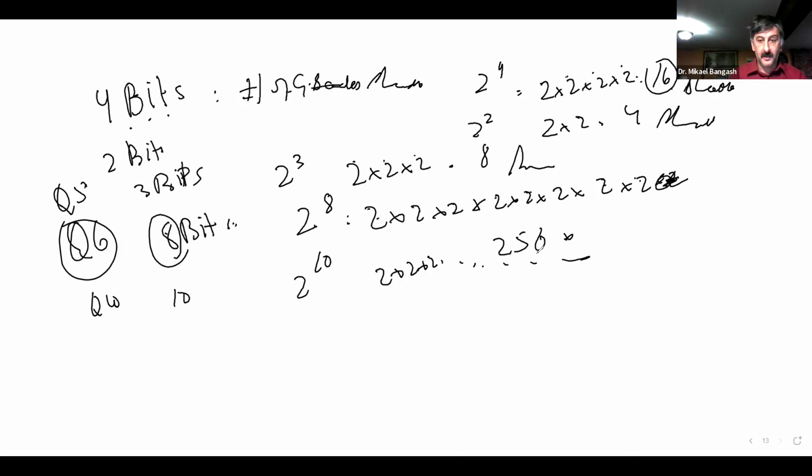Now it will just be double, which becomes 512. 512 doubled is going to be 1024. That makes up the remaining. Choose between 8 and 9, and 9 and 10. Did you guys get that? Good.